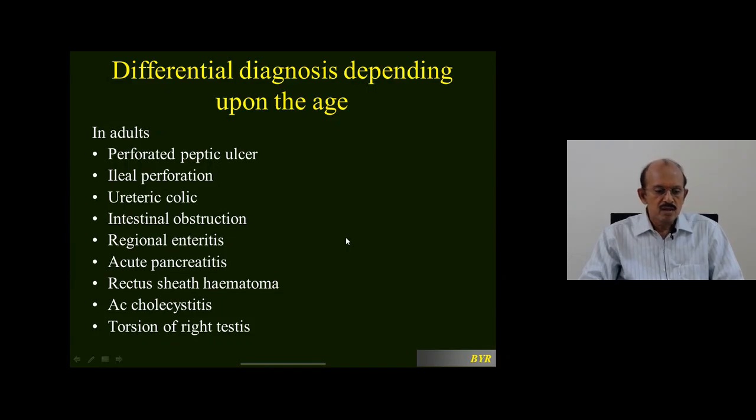The common causes of perforation of the ileum. Yes, it is typhoid ulceration. Tuberculosis perforation is uncommon. Tuberculosis usually produces chronic granulomatous lesions.